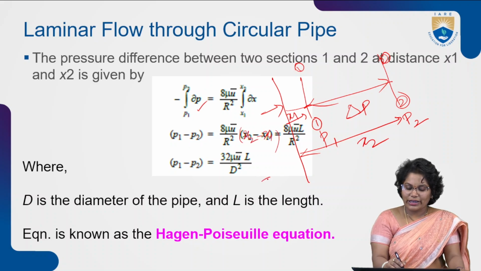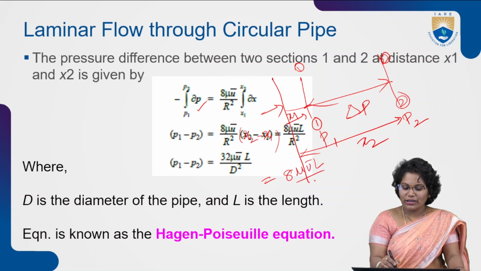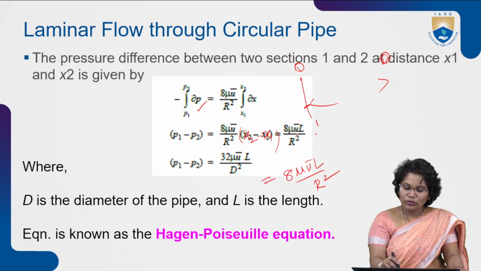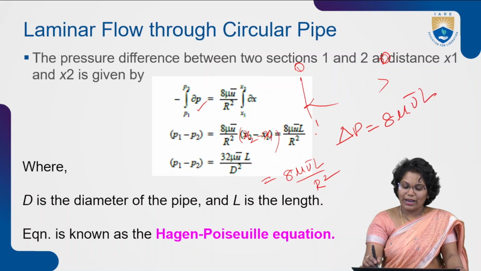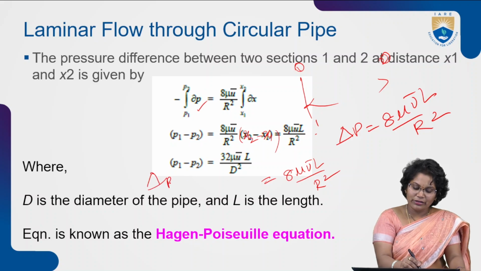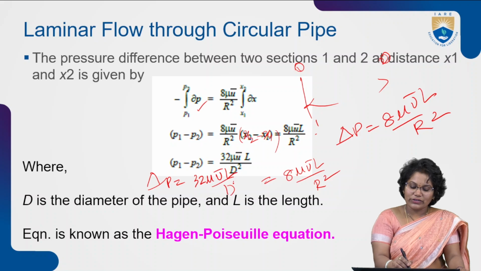Overall we get delta P equal to 8 mu U bar L by R squared. I need this in terms of diameter, so changing R squared to D squared, delta P becomes 32 mu U bar L by D squared.